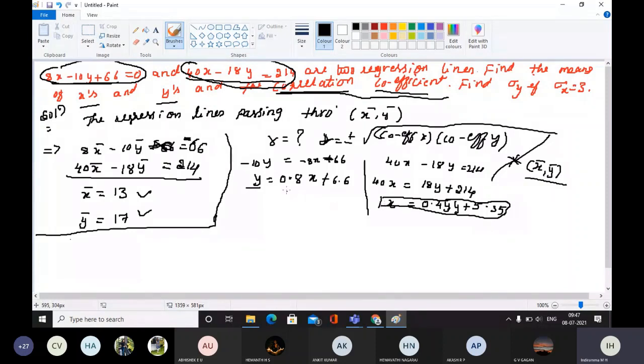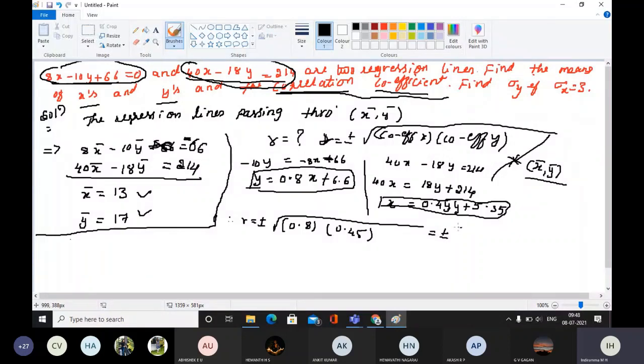So now we got two regression lines. If you know the regression lines, you can easily find the correlation coefficient. By using this formula, R is equal to plus or minus, what's the coefficient of X from the first regression line? 0.8. What is the coefficient of Y in the second regression line? 0.45. What is the square root of 0.8 into 0.45? 0.6.